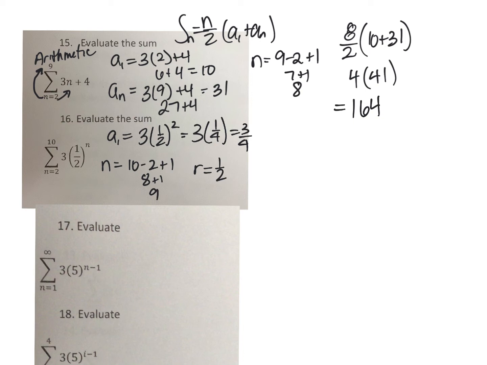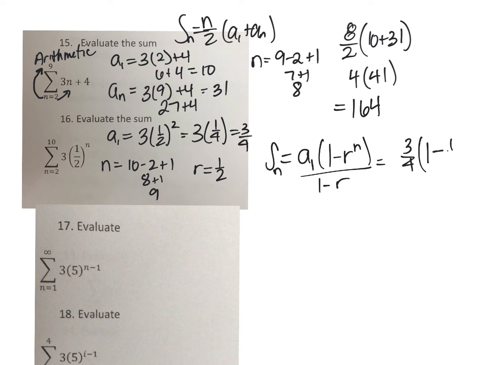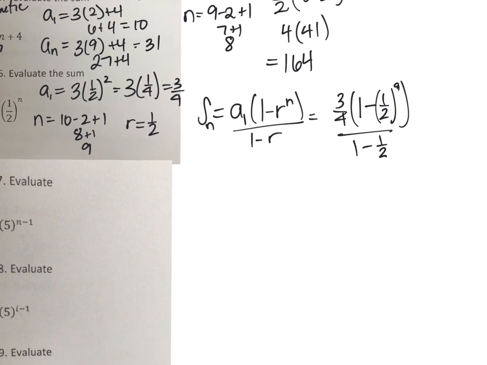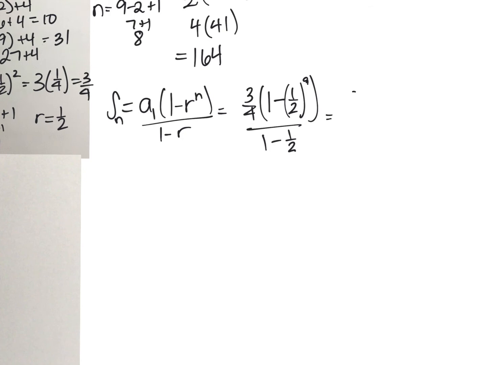And then I plug it in. The sum is A1 times 1 minus r to the n over 1 minus r, which is going to be 3/4 times 1 minus 1/2 to the 9th over 1 minus 1/2. So that gives me 3/4 times 1 minus 1 over 512 over 1/2.